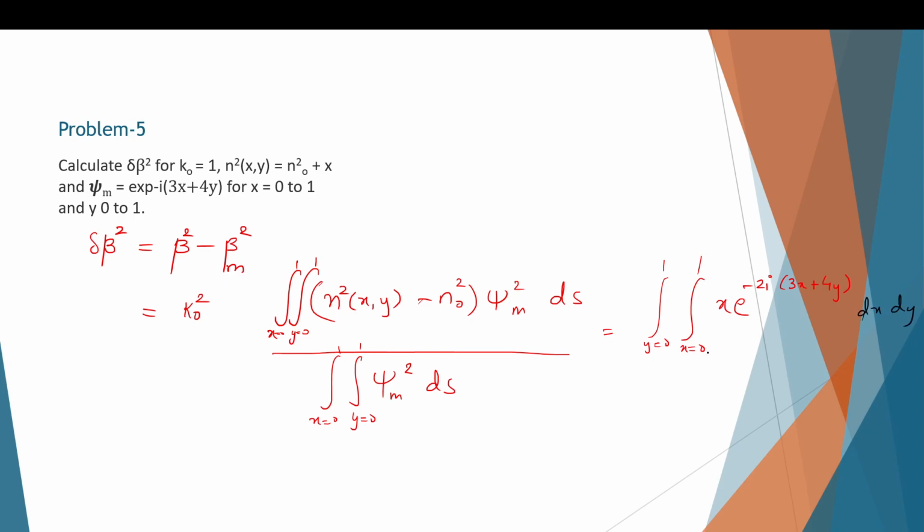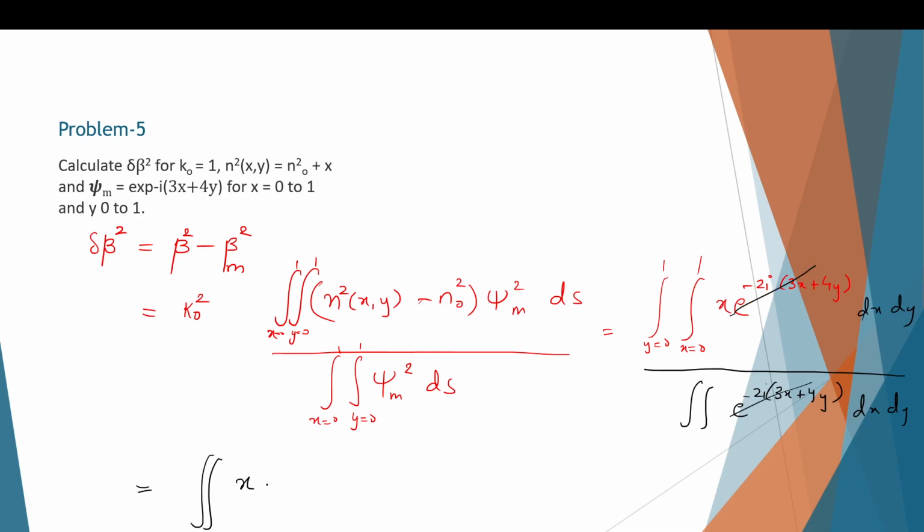upon, again the double integral e power minus 2y, same integral values, 3x plus 4y dx dy. Since the limits are the same and we are integrating on the same surface, I believe we can just combine the two, and once we have combined, these two terms are the same, so they can get cancelled.